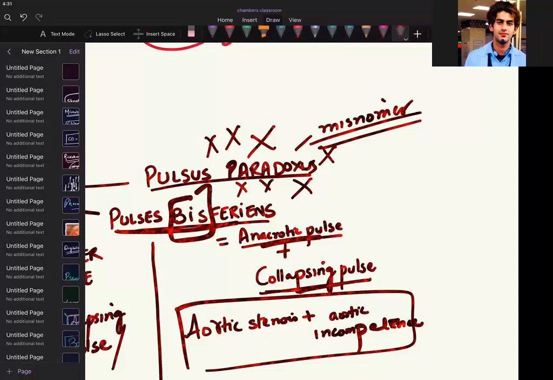But what happens in pulsus paradoxus is the volume of the pulse will decrease. The opposite will happen. Or it can be absent also. What should happen in inspiration? Amplitude decreases. But what happens in pulsus paradoxus? It can be absent. The volume of the pulse will decrease.